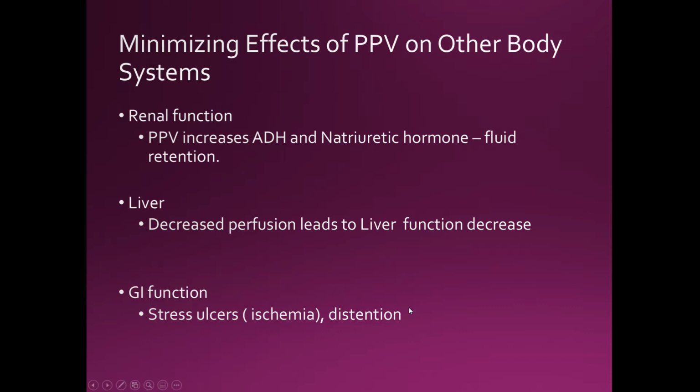So that's why with positive pressure ventilation, remember, it's equal opportunity. The pressure is going to go everywhere. It may go into the lungs. It may leak out into the stomach to cause some distension. And then you're going to have some stress ulcers in the GI as a cause of some type of ischemia.